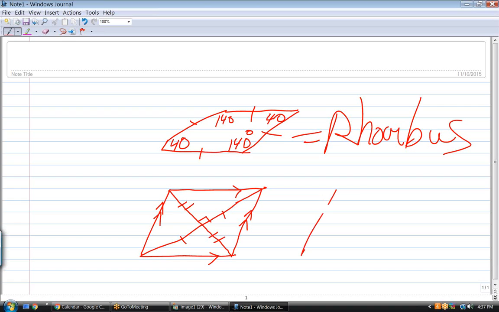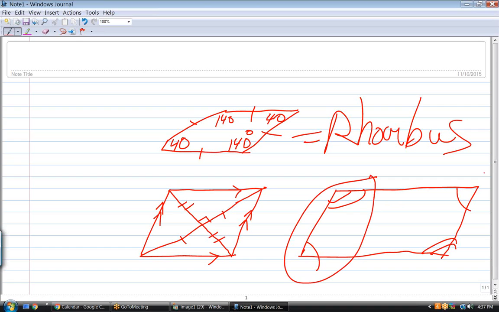In other words, if I draw a parallelogram that's not a rhombus, I still have that angle equals that angle, and this angle equals this angle, and any adjacent angles are supplementary, always. This and that add to 180, this and that add to 180.